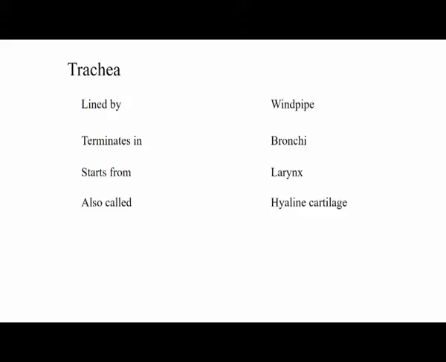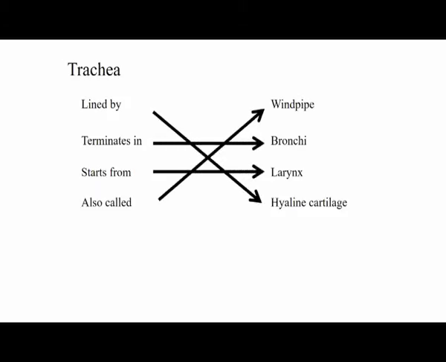The second one, it terminates: definitely the trachea is going to terminate in bronchi, and the bronchi are going to branch out into bronchioles, which will ultimately end up in alveoli. It definitely starts from the larynx. The downstream of the larynx forms the trachea, and it is sometimes also called the windpipe. So, if you see the options, this is the right option.